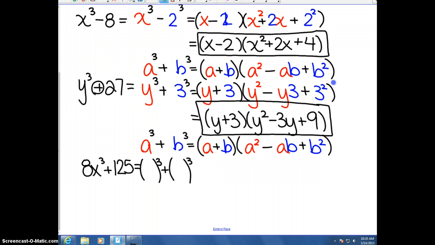To get 8x cubed, we cube 2 to get 8, and we cube x to get x cubed. I've now figured out that every place there's an a in my formula, I'm going to put a 2x. Now since 125 is 5 cubed, every place there's a b in my formula, I'm going to put a 5.